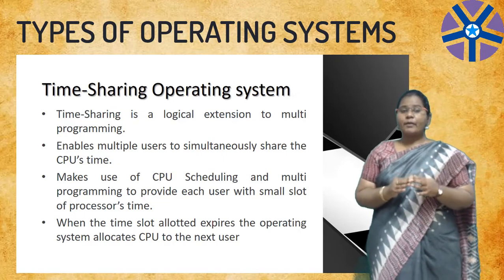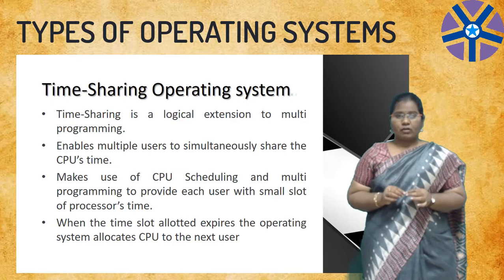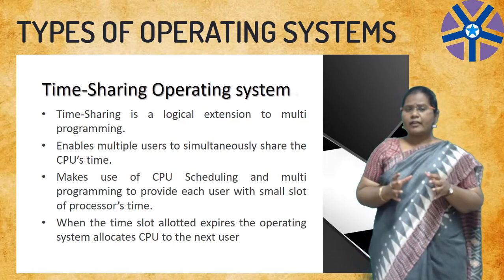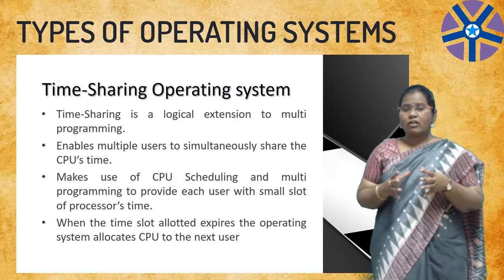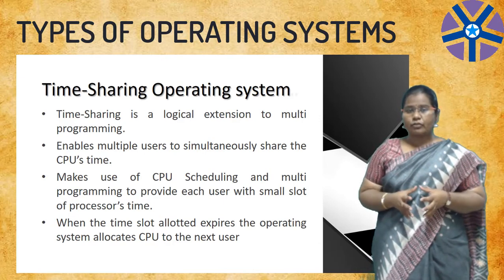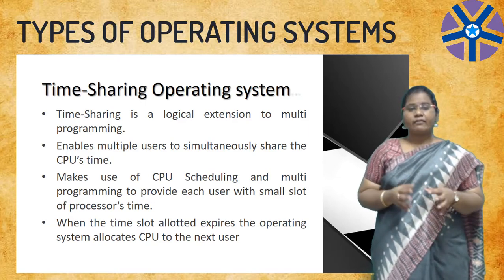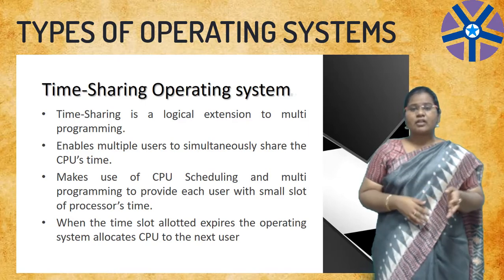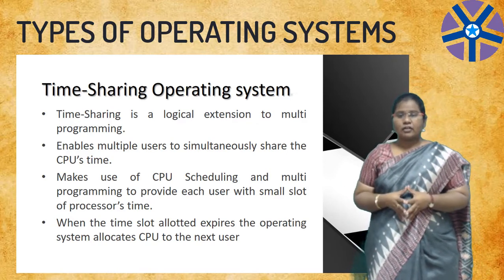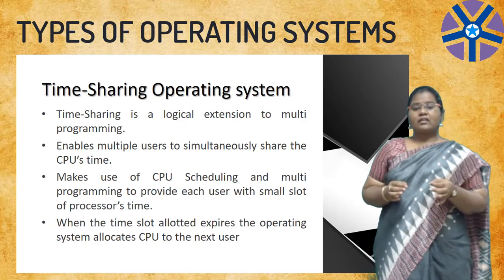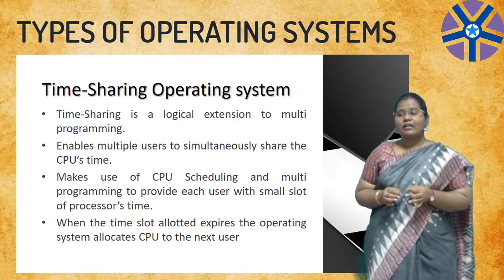That is, the CPU is given a small time slot in order to execute a process. If the process did not complete its execution and the CPU time slot is completed, the process will suspend its execution, and the CPU time is allocated to the next process. That small slot of time is called the time slice or time quantum.